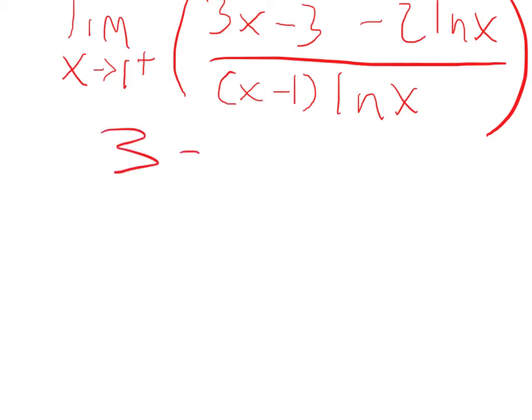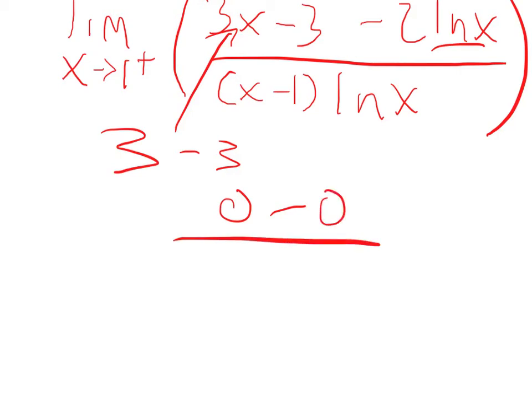You get 3 minus 3 if you plug in 1 for this x right here, and that is 0 minus... If you plug in 1 for the natural log of x, that's also 0, so 2 times 0 is 0, all over 1 minus 1, so 0, and then again that's 0 times 0. So you get 0 over 0, which is indeterminate.